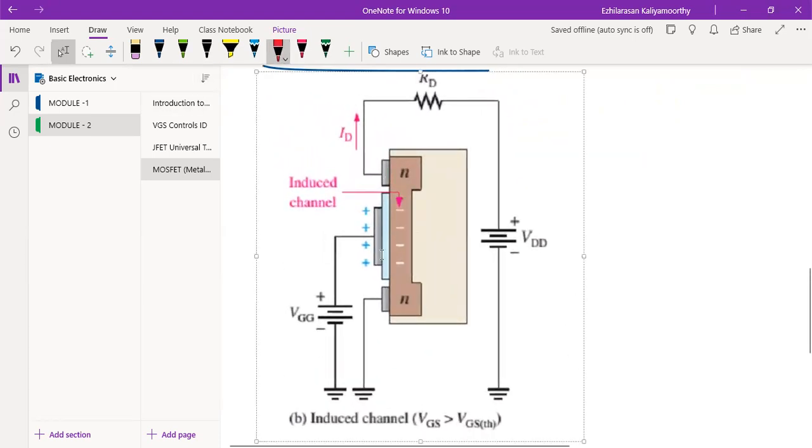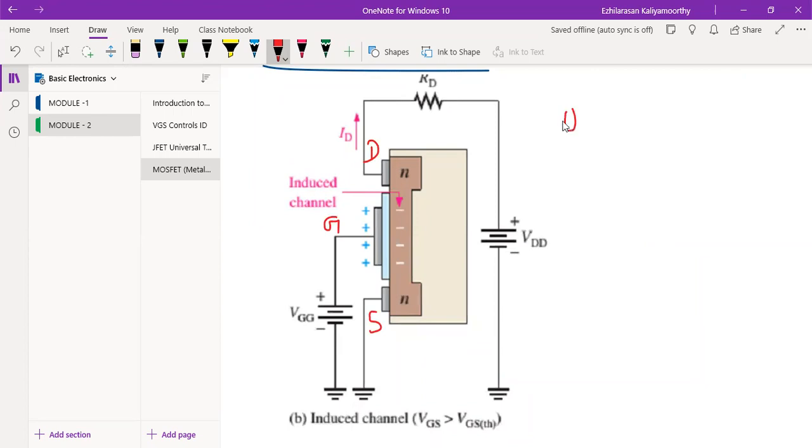Now let me put, this is drain. This portion is nothing but the drain. This will be your source. This will be your gate. Now what we did here, first you have to connect the VGS, so that is the positive terminal, connected to the gate. Keep in mind, this is the P type substrate.